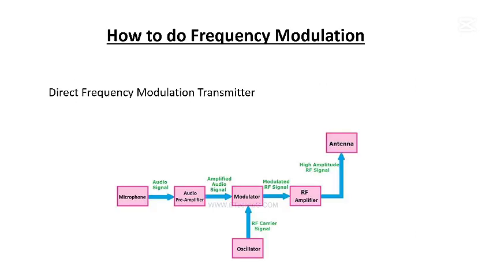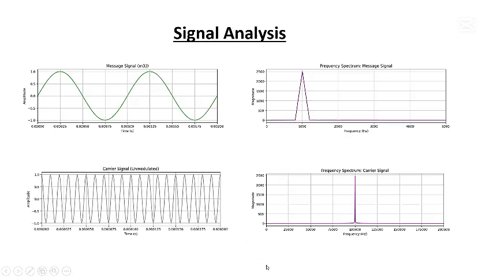Let me repeat again. In modulation, the frequency of this locally produced wave will change based on the amplitude of this audio signal. But in demodulation, the amplitude will change based on the difference in frequency of the frequency modulated signal.